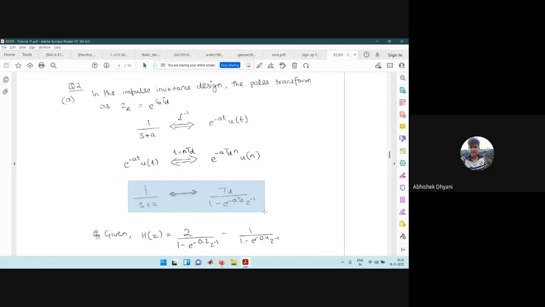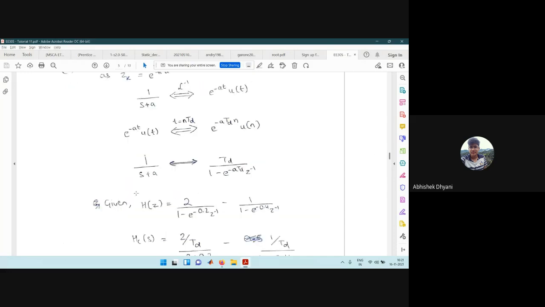There will be some TD term, because we are also multiplying the magnitude with TD, as you saw in the question, and then there will be this part in the denominator. So 1 minus this part times z inverse, right? So this relation is quite useful for such kinds of problems where we are dealing with impulse invariance design.